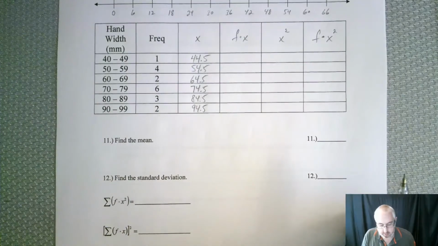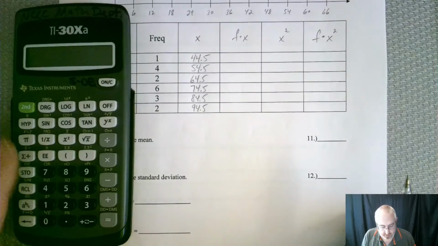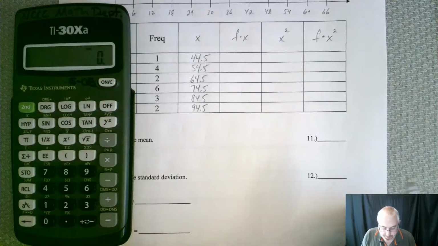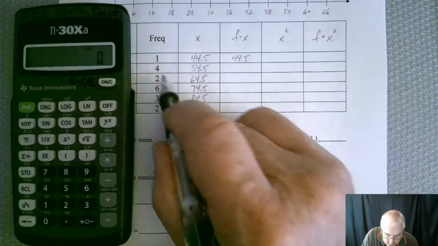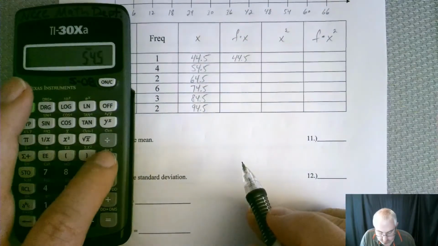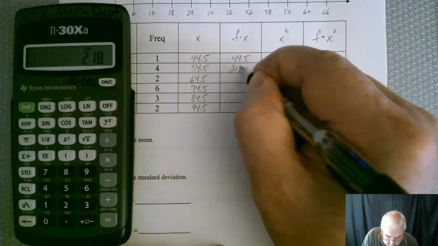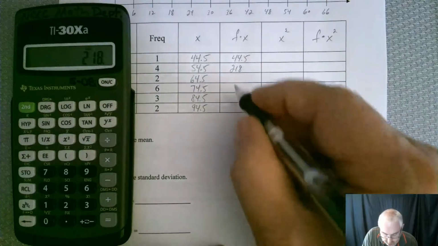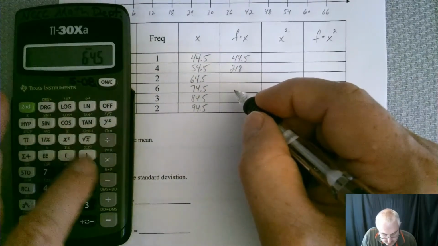All right, so now we got to do some multiplying. So we're going to pull out our calculator here. Well, 1 times that, I think we can do without. 4 times that, well, let's just be safe. So 218. 2 times that, well, 129 probably.